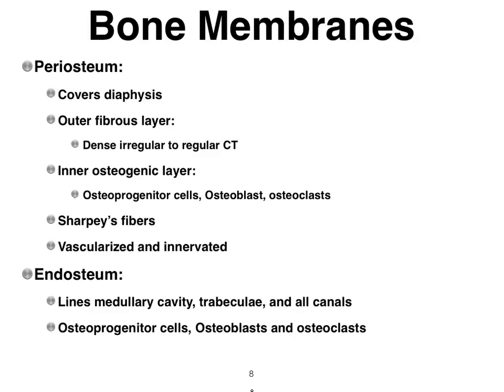Here we see them listed, the two membranes: the periosteum and the endosteum. If you listen to their names, they tell you where they are located. Periosteum, around the bone, right? Endosteum, inside of the bone.